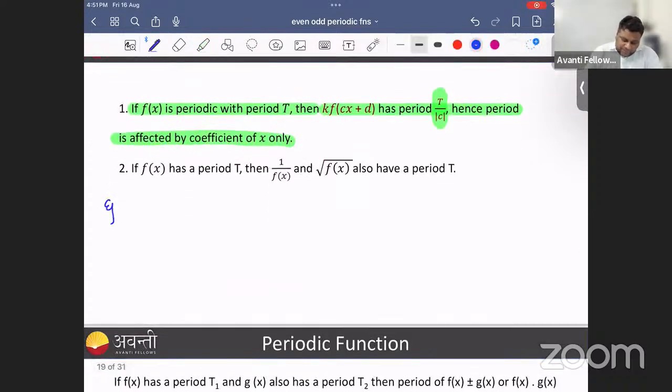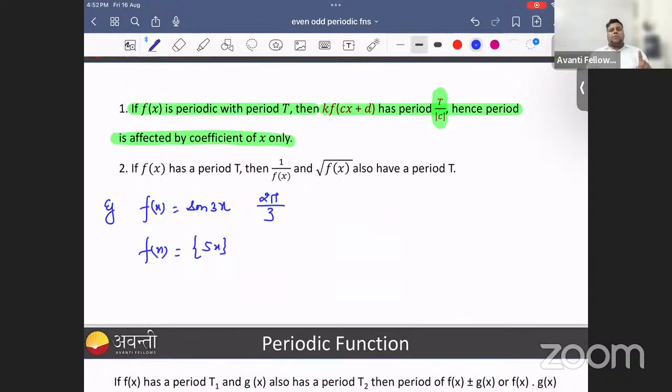For example, if I talk about f(x) equals sine 3x, what the period is going to be? 2 pi upon 3. If I talk about f(x) is the fractional part of 5x, what is the period of the fractional part of x? 1. So the period of the fractional part of 5x is going to be 1 by 5.